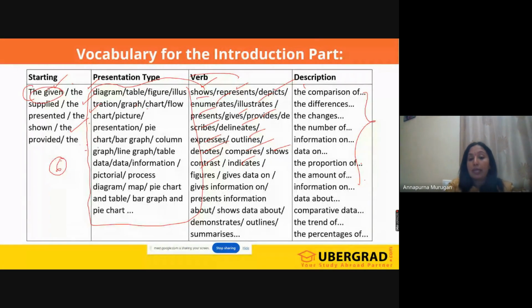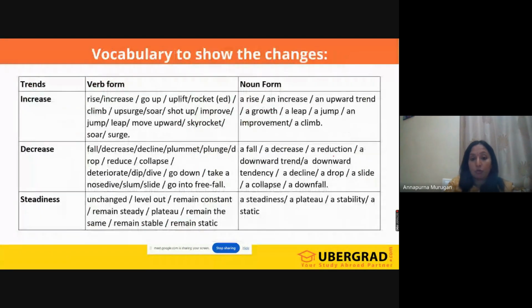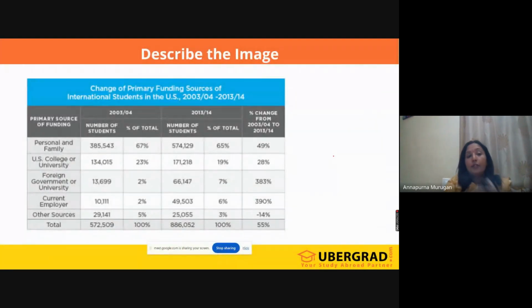So when I show you here, this is the first intro sentence I'm talking about. Okay, what they have given. Change of primary funding sources of international students in USA, 2003 to 2013 and 14.